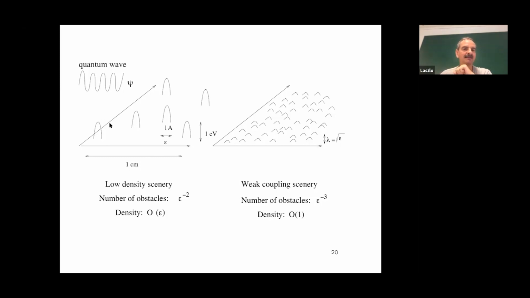In the semi-classical picture, the potential lives on a bigger scale, and therefore it's a much easier thing. There's a clear scale separation. Here you don't have a scale separation. The small wavelengths very actively interact with the small wavelengths of the potential. This is true in both situations, both the low density and the weak coupling situation.